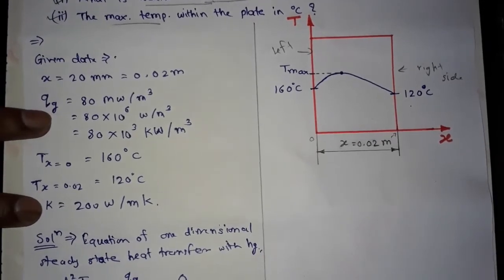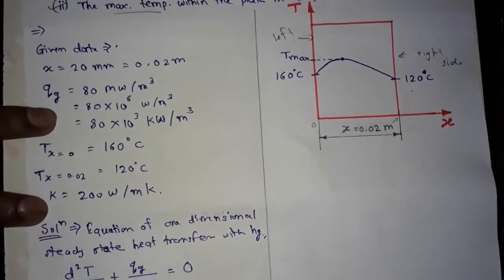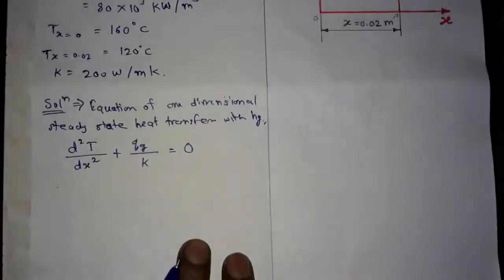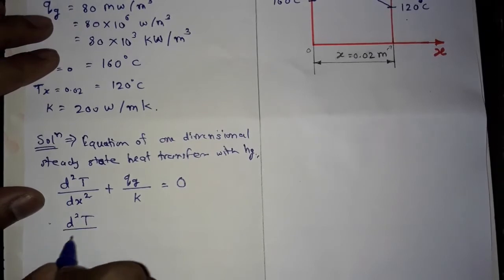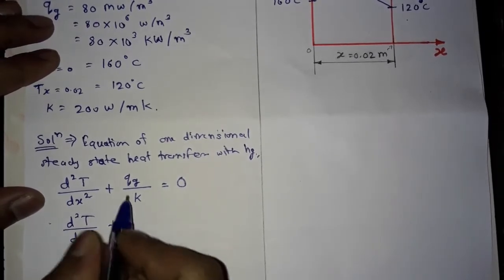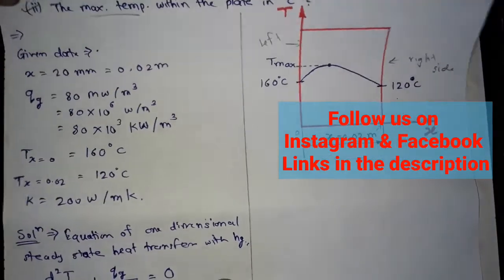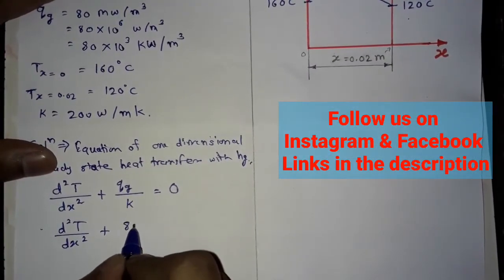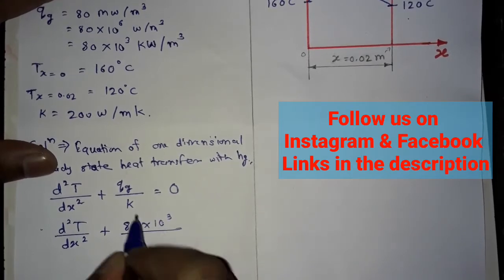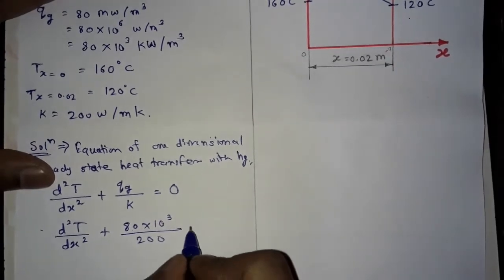Okay, now further here friends, let's put the values. We have d square T upon dx square plus Qg, we have here 80 into 10 raised 3 kilowatt per meter cube, and in K we have here 200, which is equal to 0.